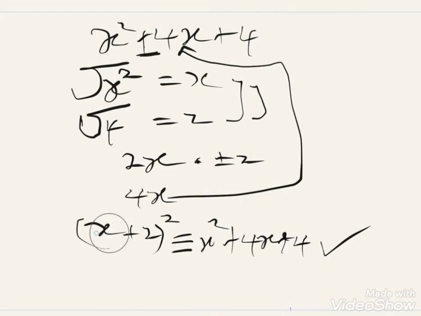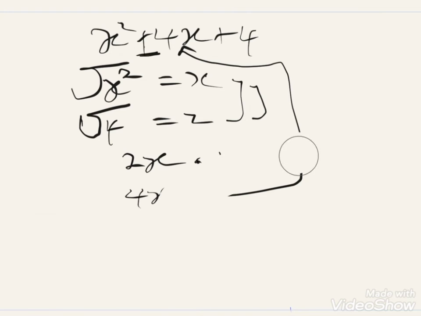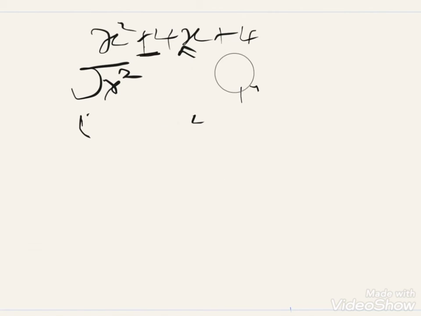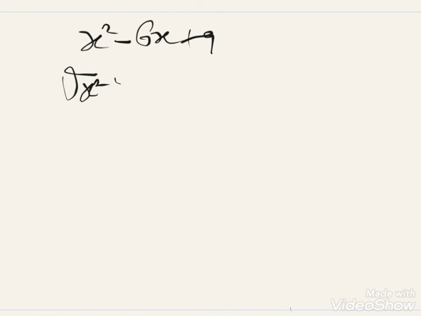Again, let me clean up to have another question for clarity. Suppose we have x squared minus 6x plus 9. By the square root principle, we have root x squared is equal to x squared raised to the power 1 over 2, noting that this 1 over 2, the power of this x squared, is the square root sign or the radical.